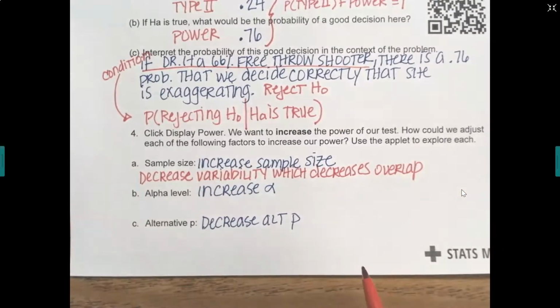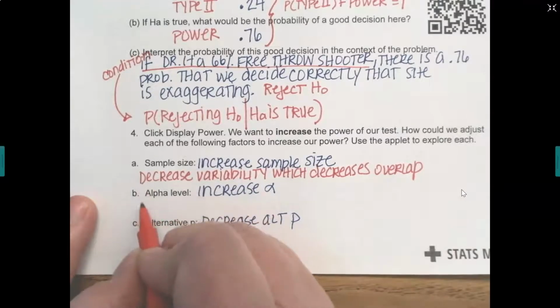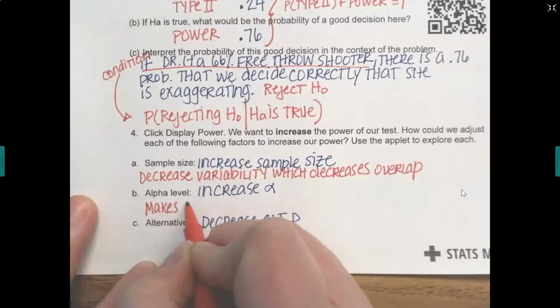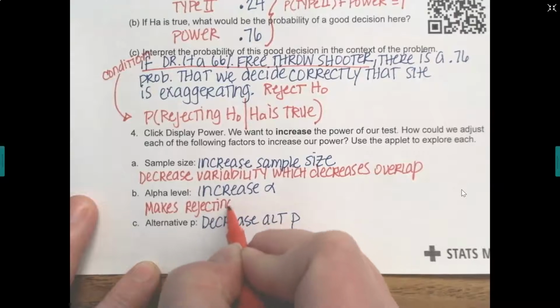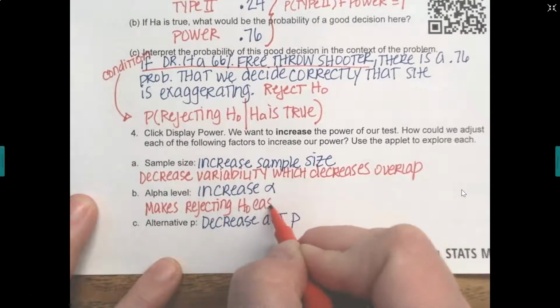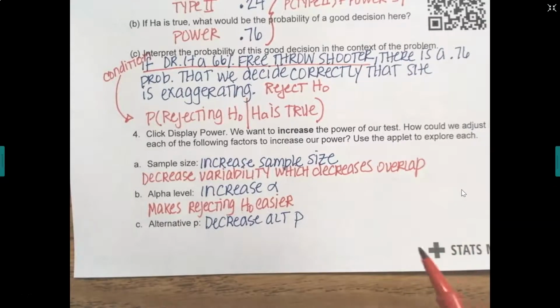For our alpha level, if you increase alpha, it makes rejecting the null easier, which will make your type 2 lower, because they have an inverse relationship to each other.